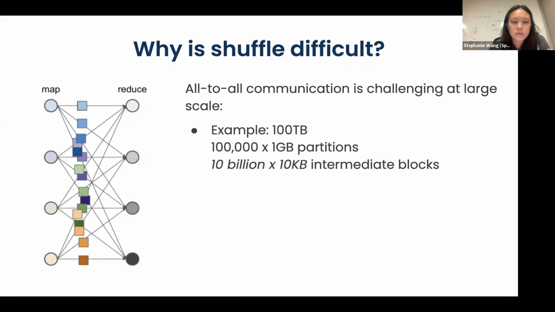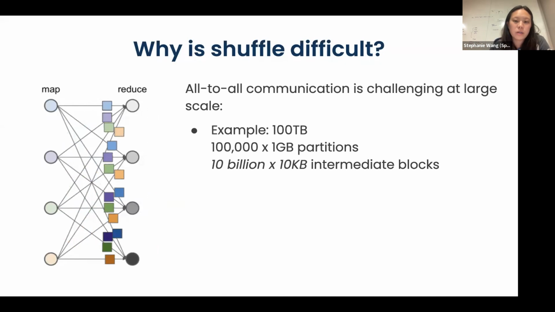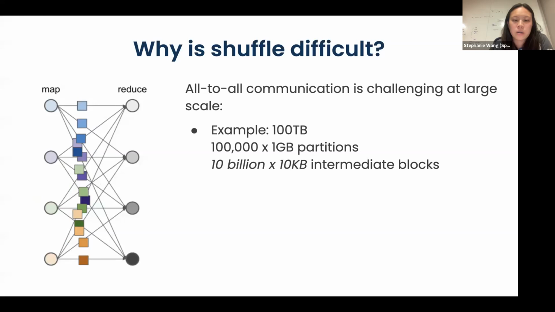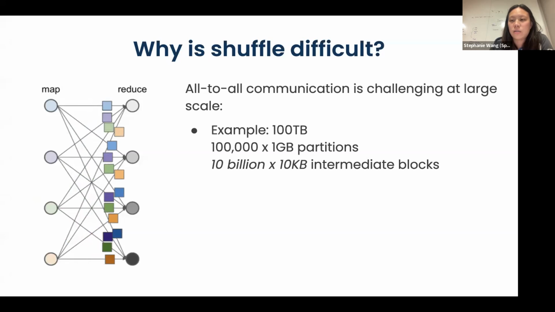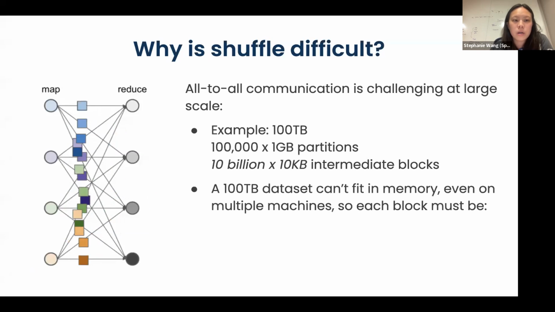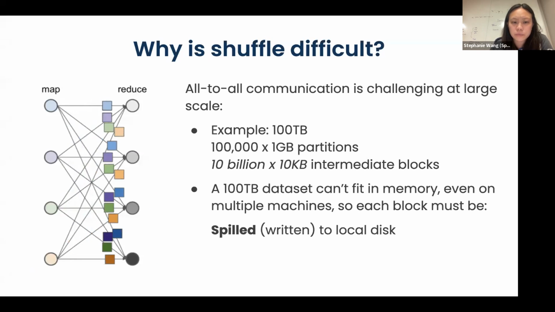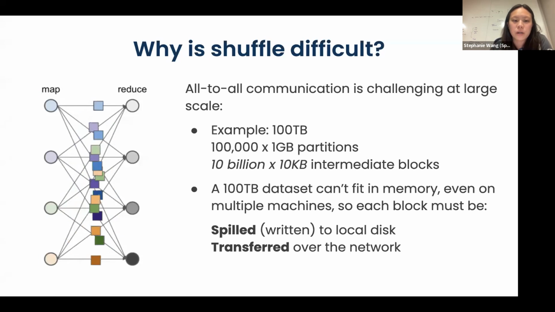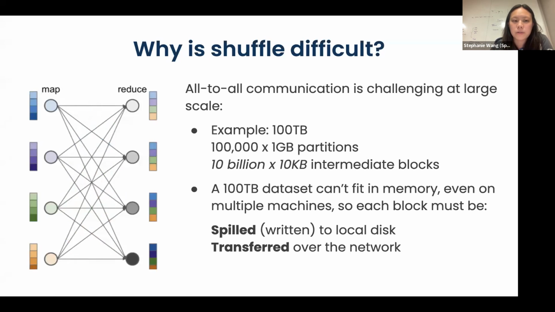So that's fine if everything can fit in memory. But with 100 terabytes, we can't even do that on a large cluster. So that means each of these 10 billion blocks of 10 kilobytes each has to be spilled or written to disk. It has to then be restored to memory and then transferred over the network between a mapper and a reducer.